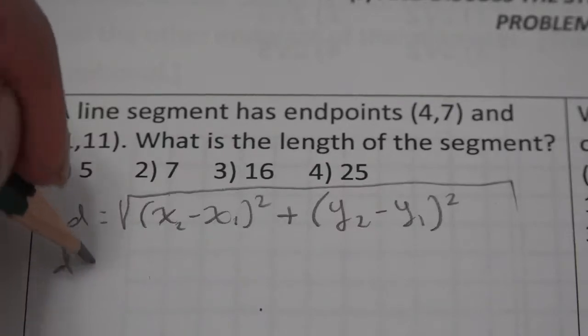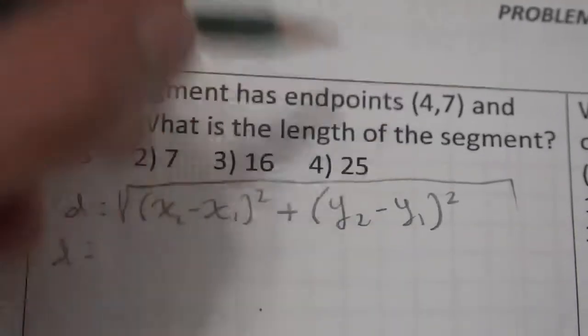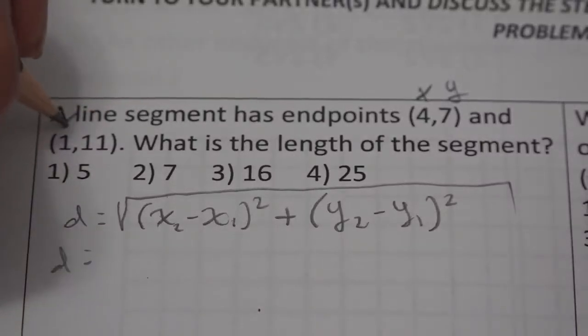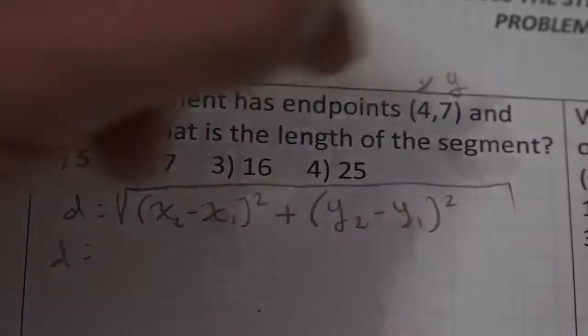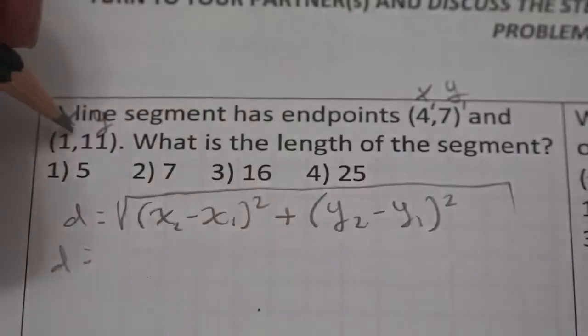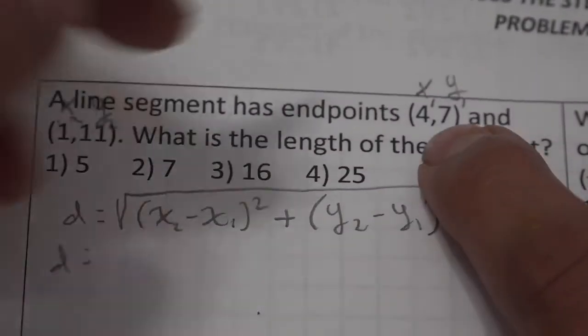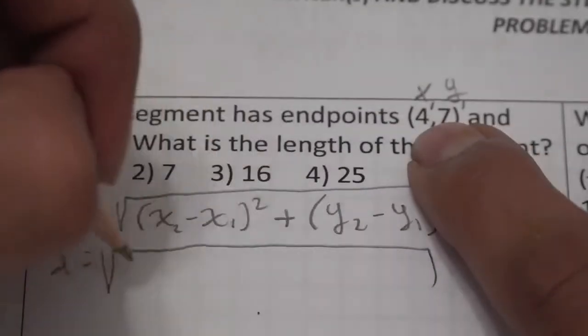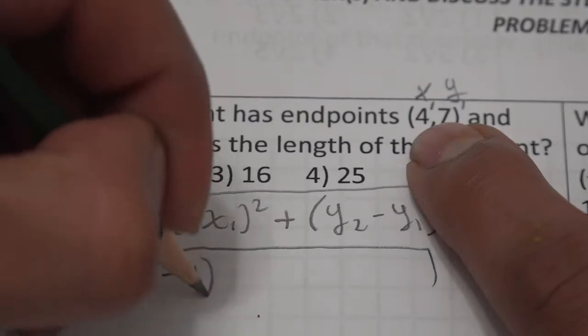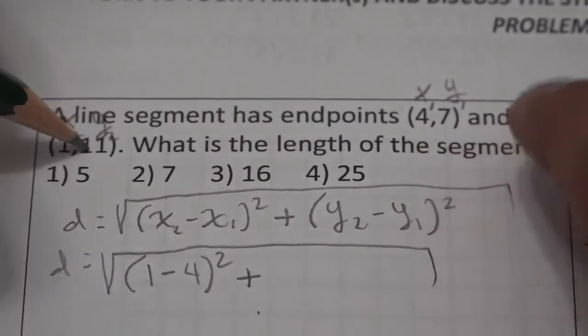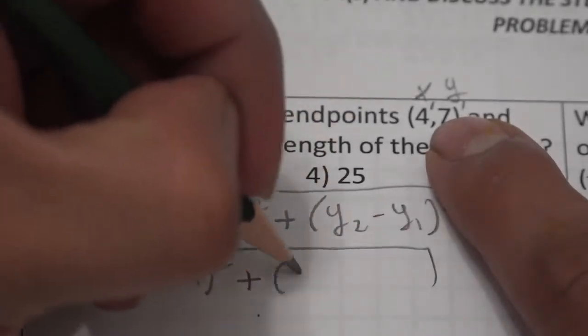All right, so now you label this, right? This is x, this is y, just like when we were doing slope. Let's call this the 1s and let's call this the 2s. So x2 minus x1, so that's 1 minus 4 squared plus 11 minus 7 squared.